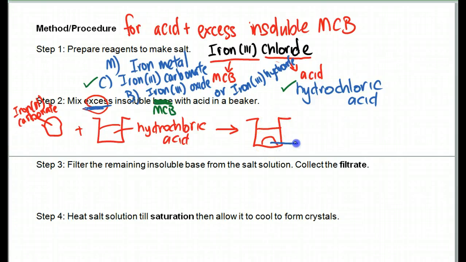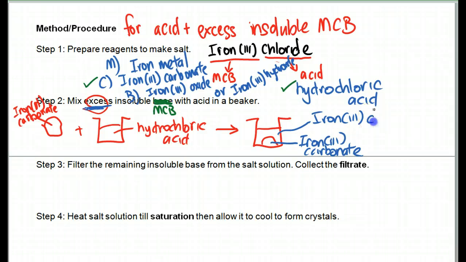So now, obviously, this lump here will still be your iron 3 carbonate because there's a lot of it. Not every single one of it will be reacted away. Now, the solution that you have here is no longer hydrochloric acid. The solution here now will be your iron 3 chloride, which is the salt that you want.